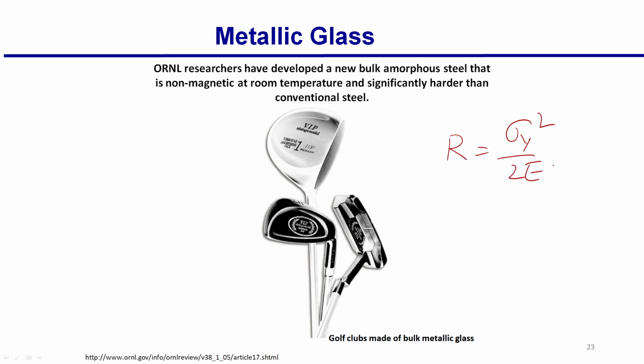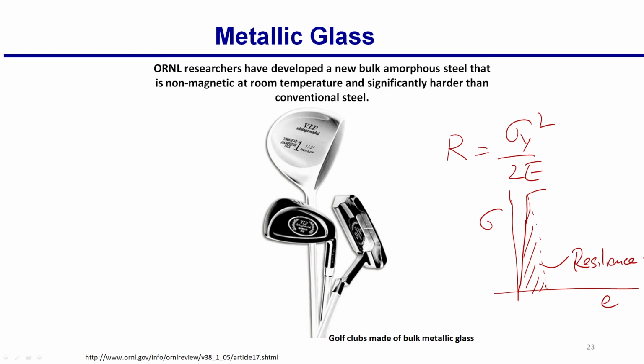For the glass, both sigma y is very high and E also is very high, very steep. So, if you have a stress strain curve like this, very steep, very high, even if it breaks a little bit, it does not matter. So, you have a very high area under the curve. That is what is called resilience R.